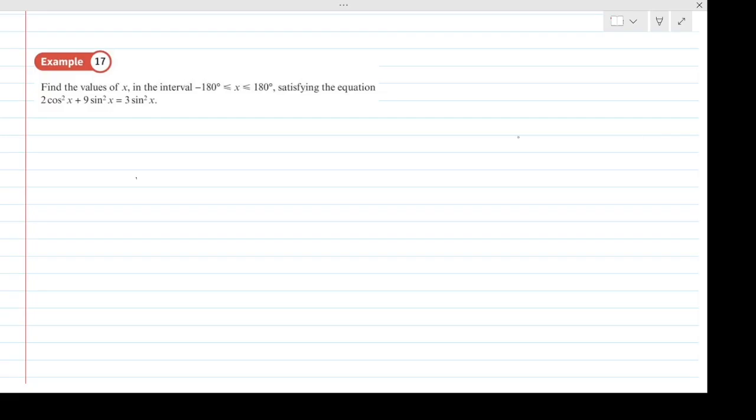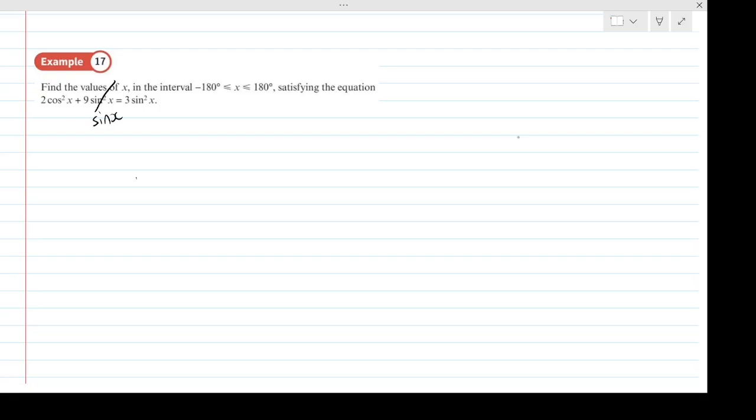Find the values of x in the interval of minus 180 to positive 180, satisfying the equation. I should note, this is from the textbook. This is wrong here, so I need to add a correction. It's not 9 sine squared, it's sine of x, okay?